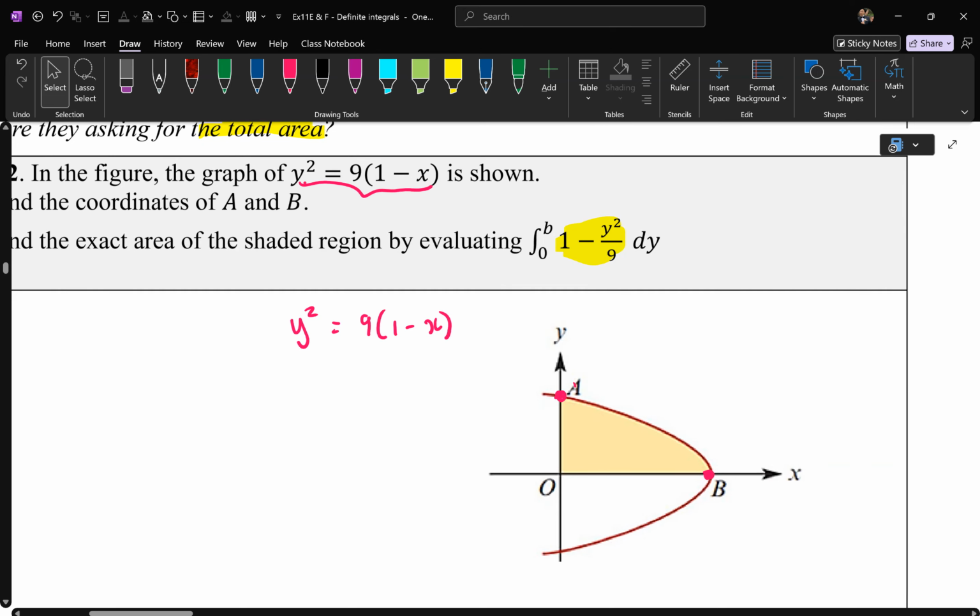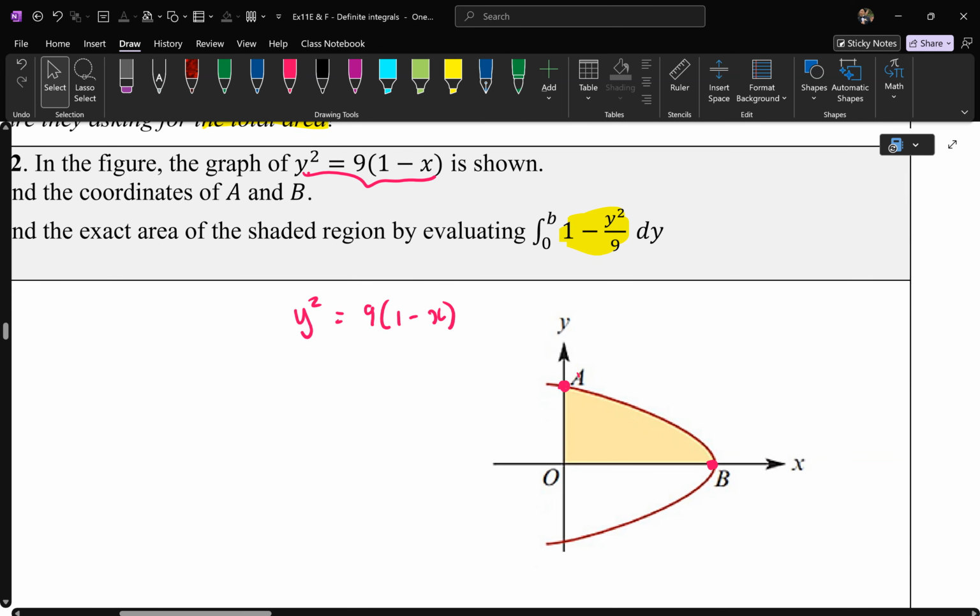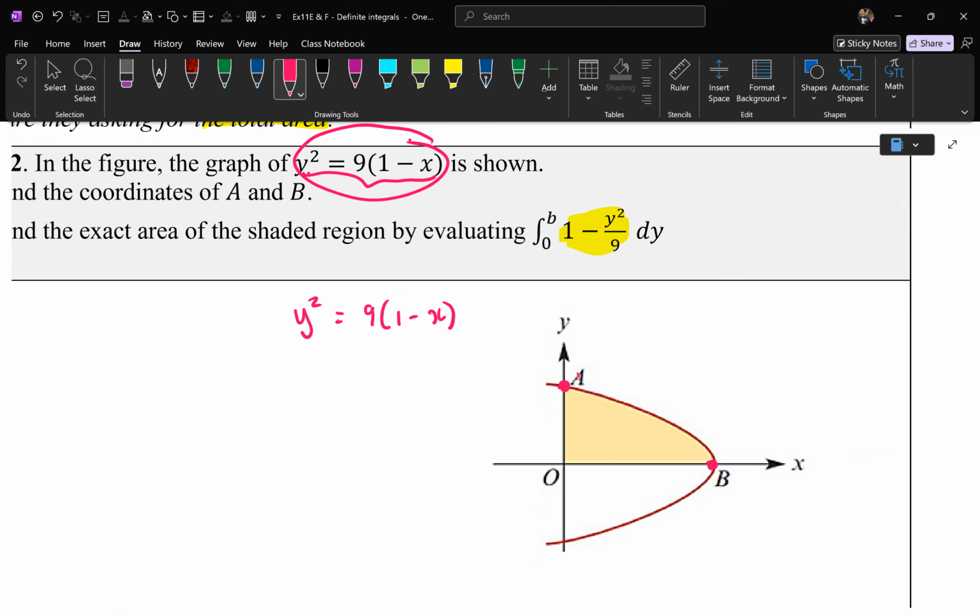Normally when you're integrating this function, what you would have done is say y is equal to the root of 9 times 1 minus x. But when you square root, there's a plus and a minus because you've got the top half and a bottom half.